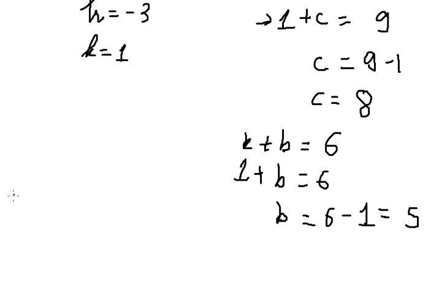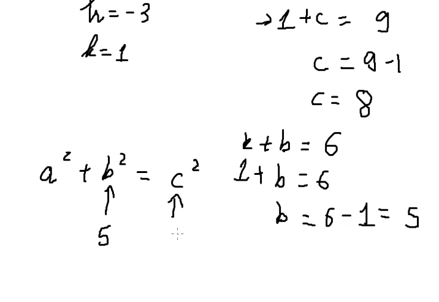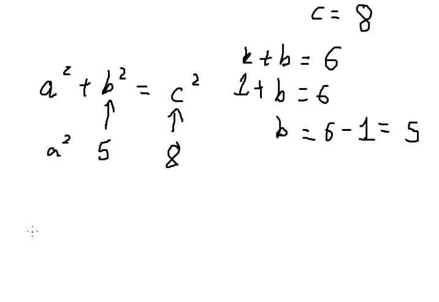The next one, we have a squared plus b squared equal to c squared. We need to find the value of a. We know the value of b and c, so we put b is 5. Now we have a squared plus 5 squared equals 8 squared.